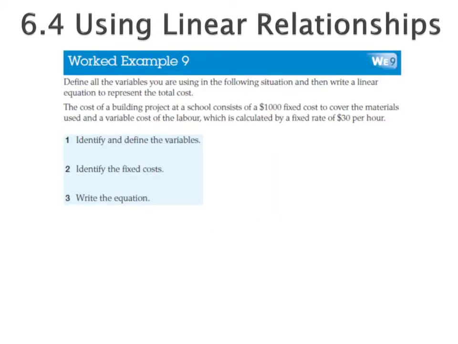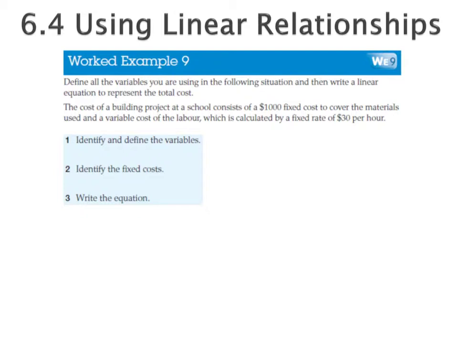Okay guys, so this question here is asking us to define all the variables you are using in the following situation and then write a linear equation to represent the total cost. The cost of building the project at a school consists of $1,000 fixed cost to cover the materials used and the variable cost of labour, which is calculated by a fixed rate of $30 per hour. So the first thing that we need to do is to identify the variable.